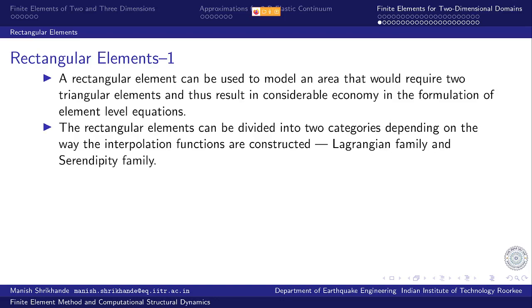So rectangular elements can be divided into two categories depending on the way interpolation functions are constructed, and that is the bottom line. We have studied almost all that there is as far as the finite element concept is concerned. Now you should be able to relate to the fact that all that we are doing here is defining domains, subdomains or element shapes, and defining the way the interpolation functions for those subdomains or element shapes are constructed.